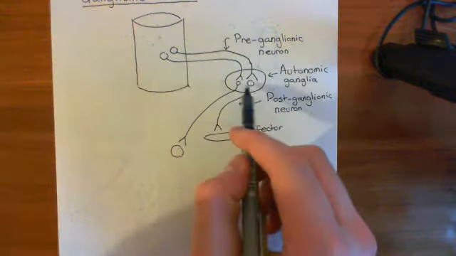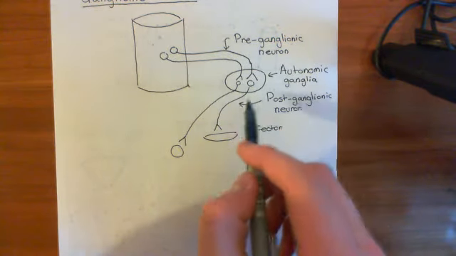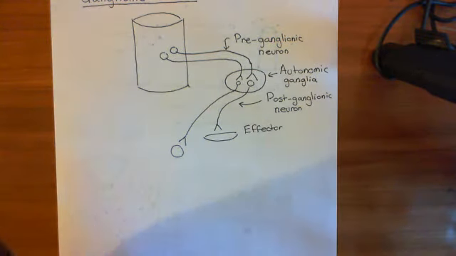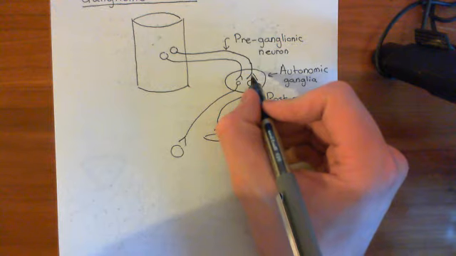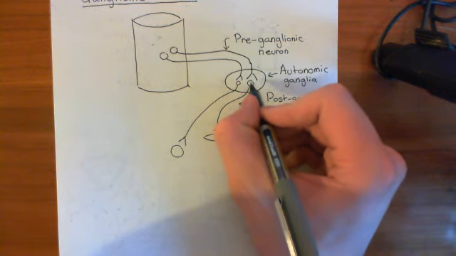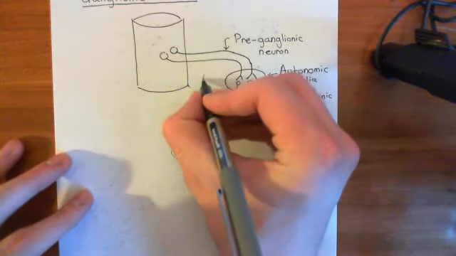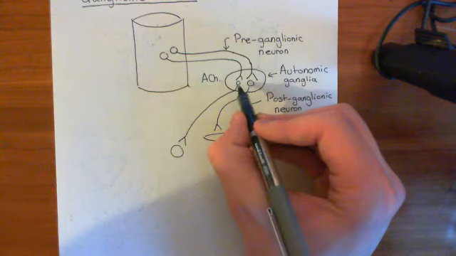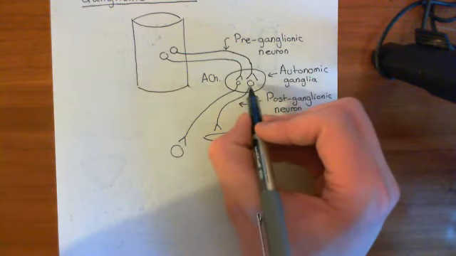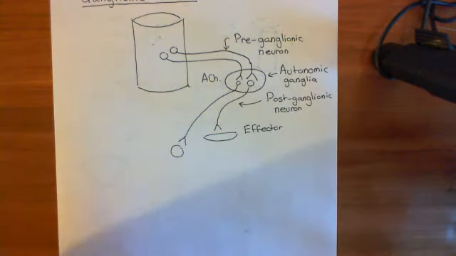And it's where all the cell bodies of the post-ganglionic neurons are stored. Now, the neurotransmitter used between the pre-ganglionic neuron and the post-ganglionic neuron is acetylcholine. So we need an acetylcholine receptor on our post-ganglionic neuron, and it is a nicotinic acetylcholine receptor that you have on these post-ganglionic neurons.